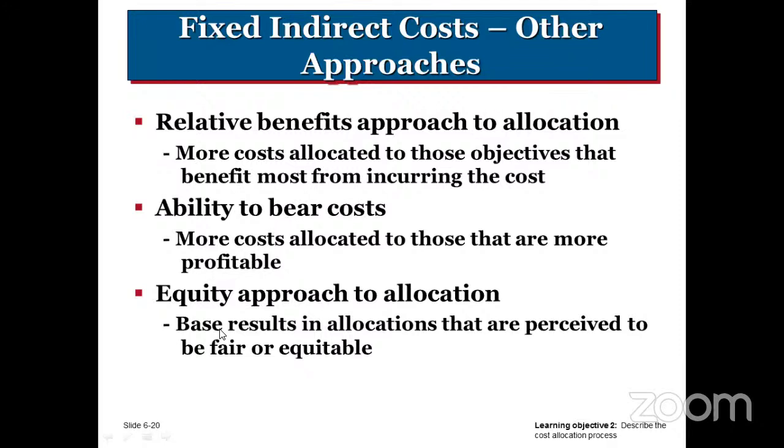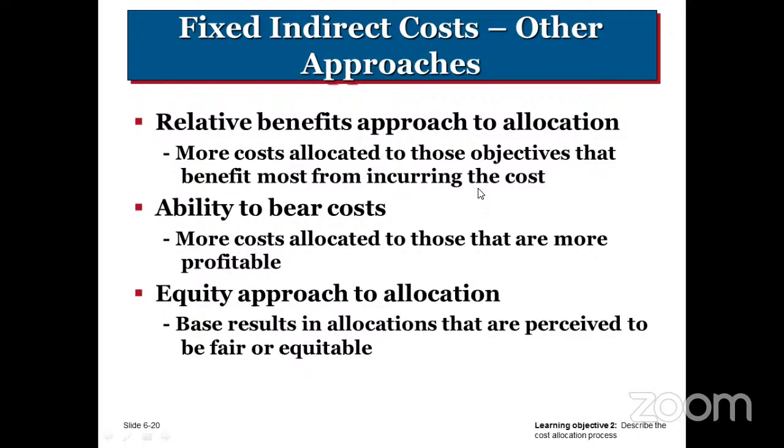Just now we also said it's not easy to allocate indirect costs. So now we study some other approaches when you want to allocate the fixed indirect cost. Relative benefit approach to allocation: more cost is allocated to those objectives that benefit most from incurring the cost. Sometimes you need to work up some analysis about whether department A always calls the HR for support or not.